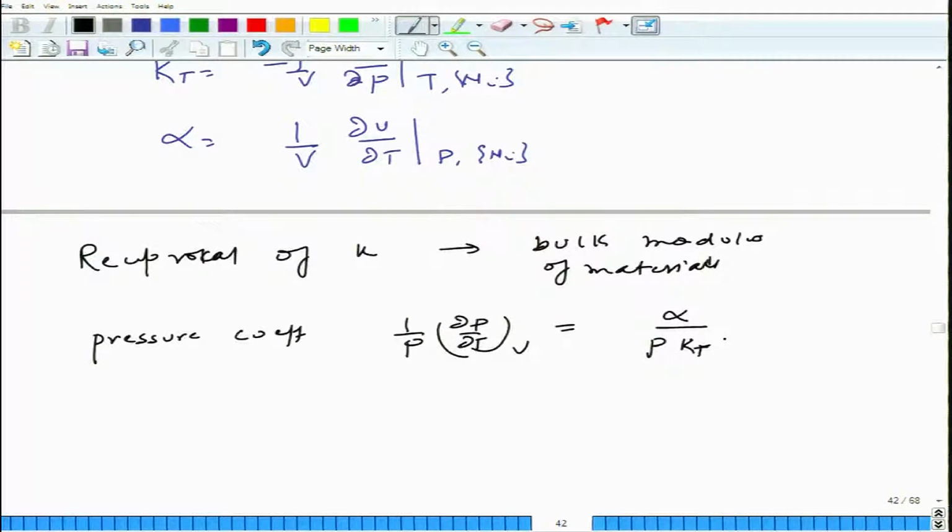You can also prove that. It is useful to see how the pressure changes as you change the temperature at constant volume. You can also show that Cp minus Cv is T V alpha square by K, and for an ideal gas this is nothing but R.